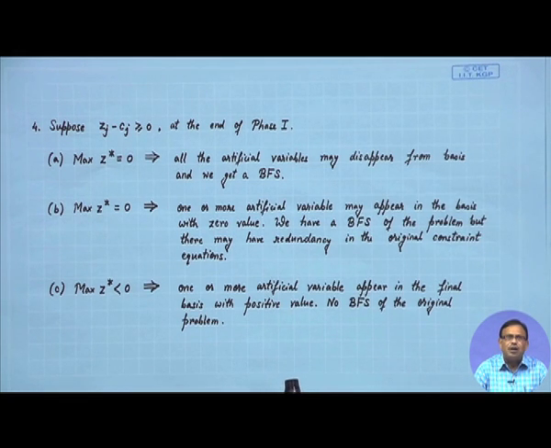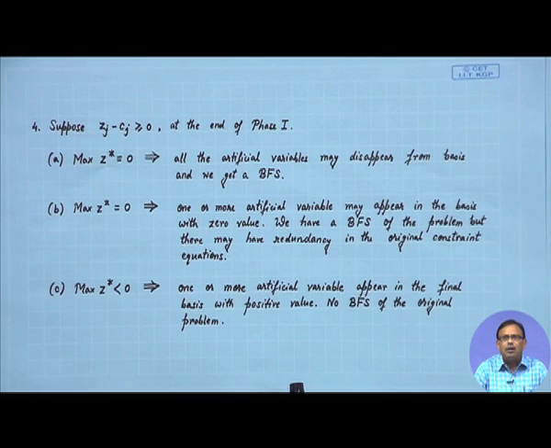So, note these things: at the end of phase 1, the maximum value of z star can be 0, or it may be less than 0. So, z star equals 0 has two implications. One implication is that all the artificial variables will disappear from the basis and we will get the optimal solution if it exists, and it may happen that although z star is 0, one or more artificial variables appear in the basis with 0 value.